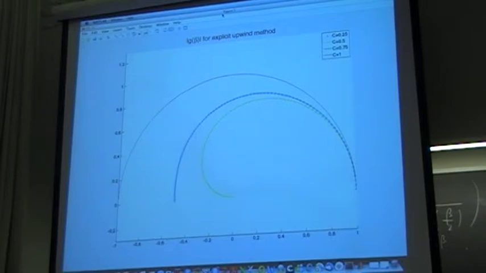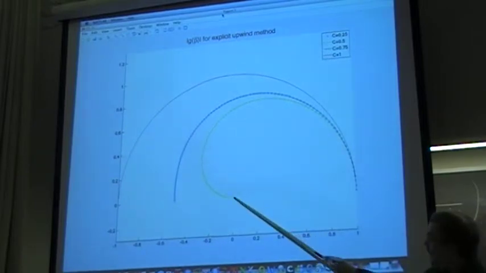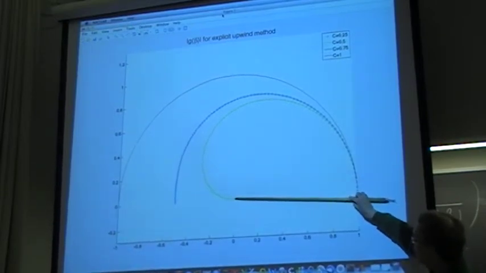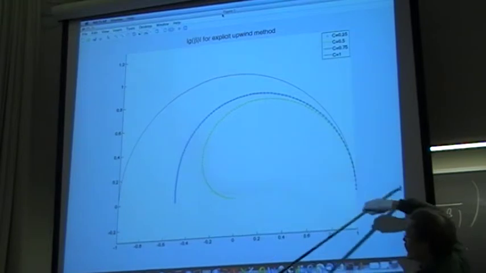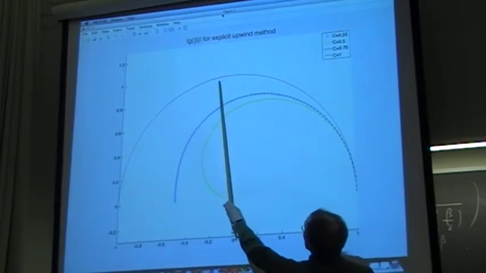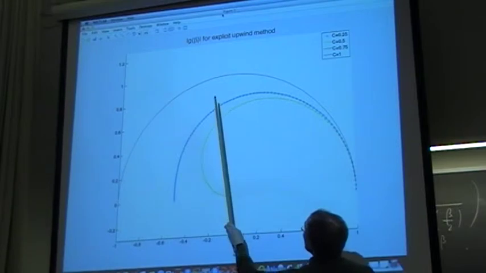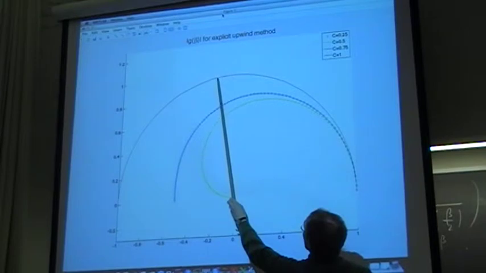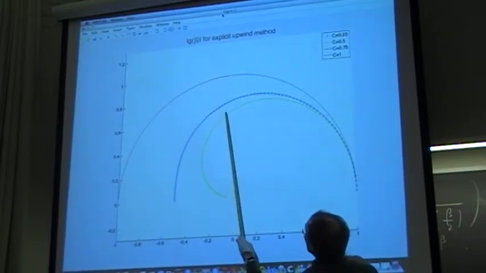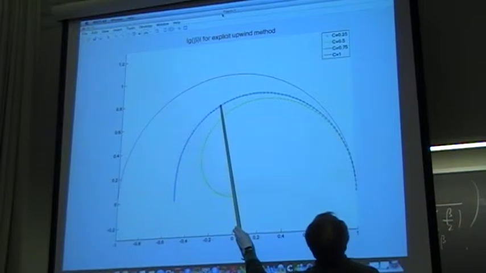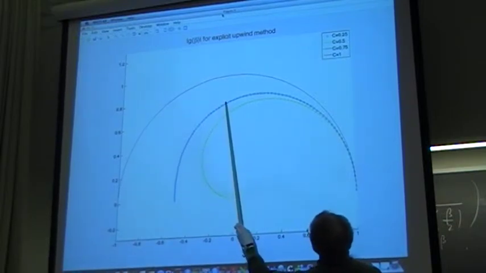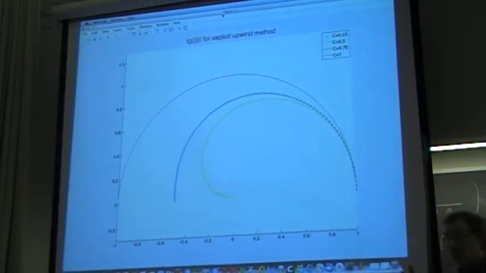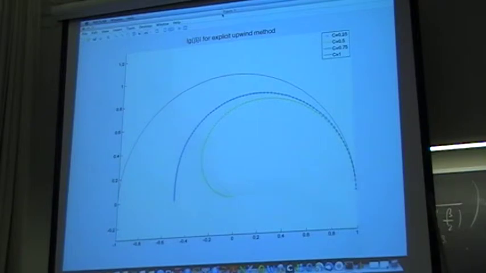Polar plot means that we plot now everything with respect to the angle phi, and the angle phi is now starting from here, from 0, and is moving like that. So for example here at phi half, we have these values that are given by the distance from the origin, and we see that we get damping for 0.25, 0.5 and 0.75, and that we get 1, which means no damping, for the current number 1.